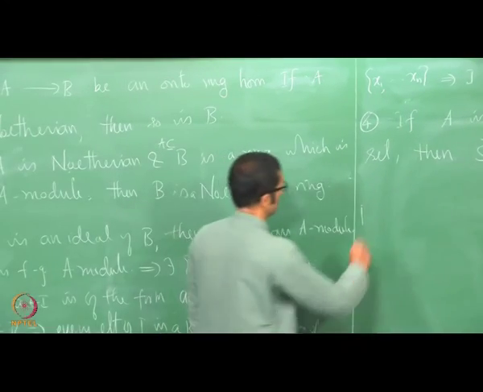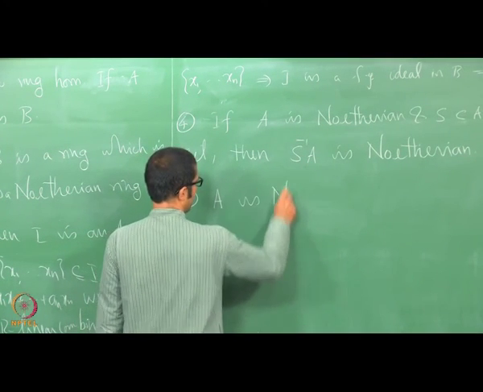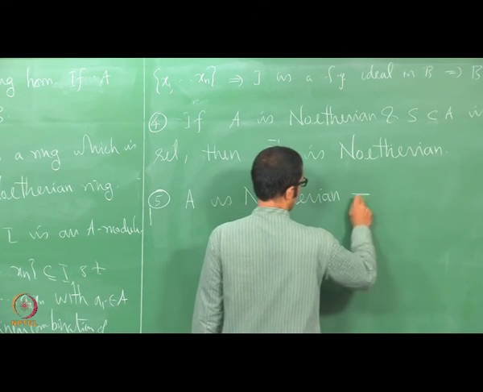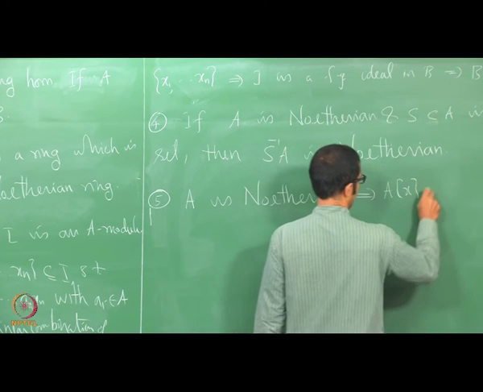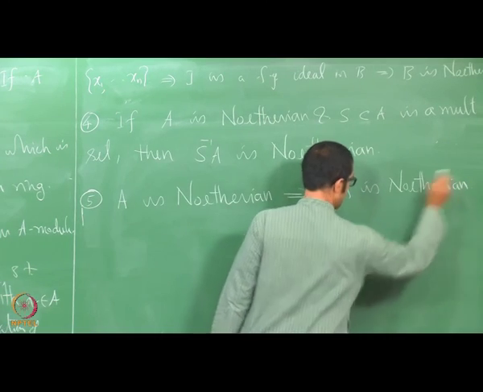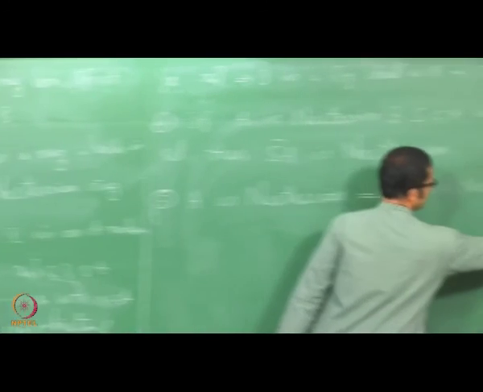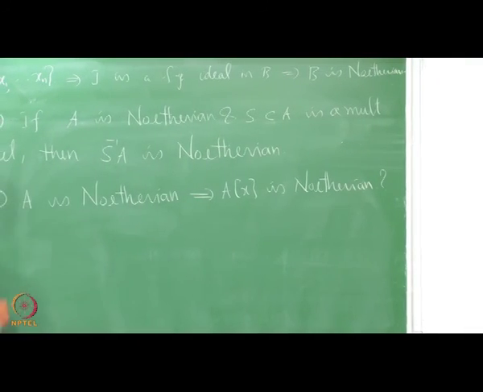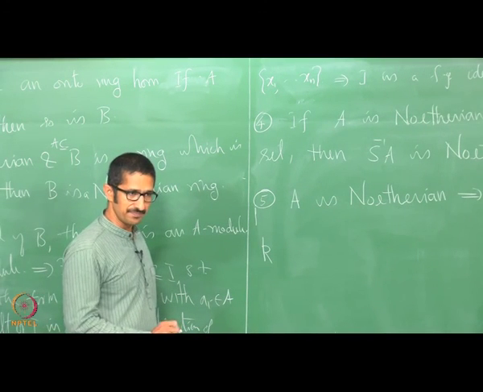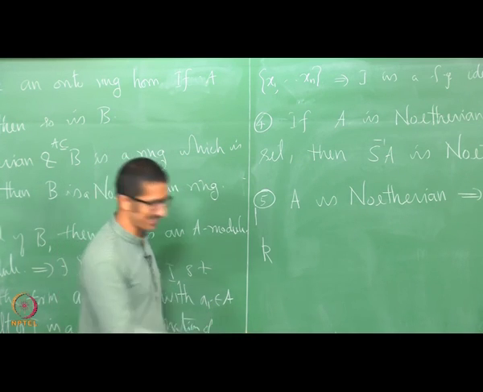So, now comes the question. If A is Noetherian, is A[x] Noetherian? K is Noetherian, any field is Noetherian, it has only two ideals, so every ideal is finitely generated.